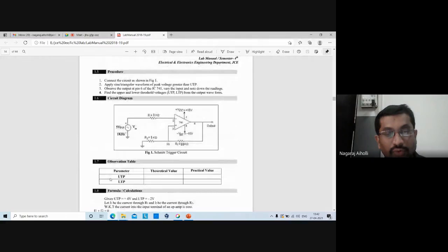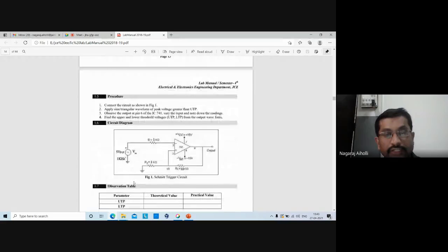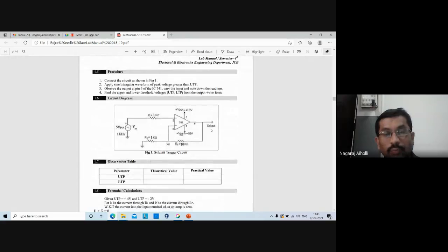Here we have the UTP, upper threshold point or upper threshold voltage, and the LTP, lower threshold point or lower threshold voltage. UTP is the voltage at which the output switches from its positive saturation voltage to negative saturation voltage, and LTP is vice versa. It switches from negative saturation voltage to positive saturation voltage.